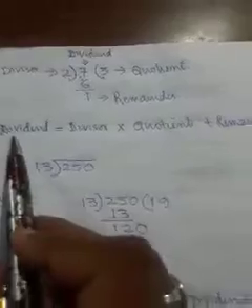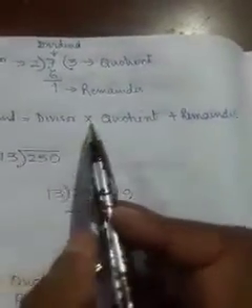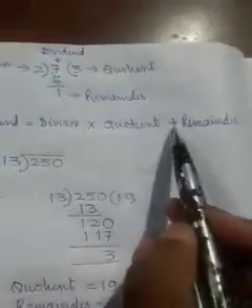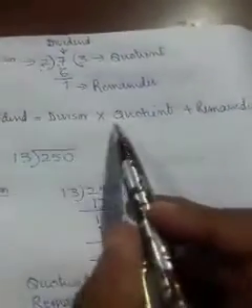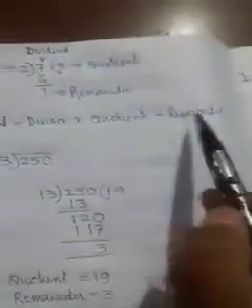So from here we get a formula: dividend is equal to divisor into quotient plus remainder. Look here, 3 2 ja 6, 6 plus 1 is 7. That's why we write dividend is equal to divisor into quotient plus remainder.